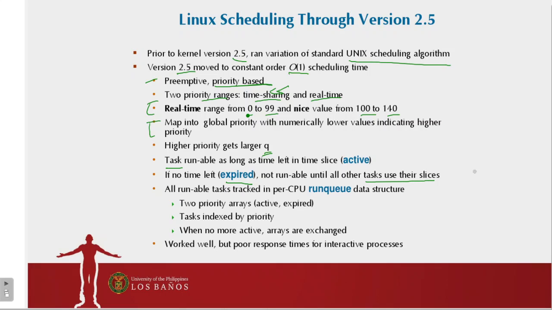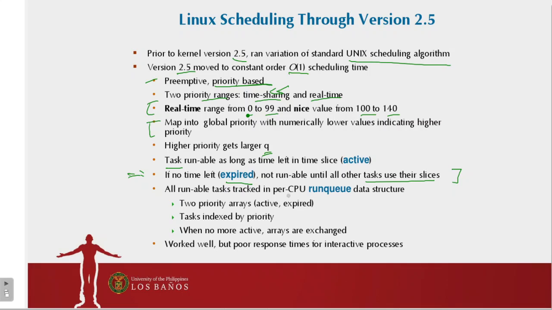This is actually where the performance of the O(1) scheduler was scrutinized, because once a task's time slice is expired, it has to wait for other processes to finish. So it's not really good for interactive processes.